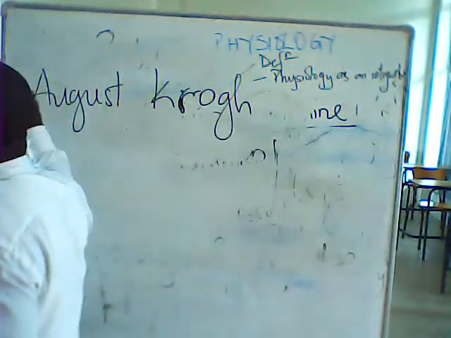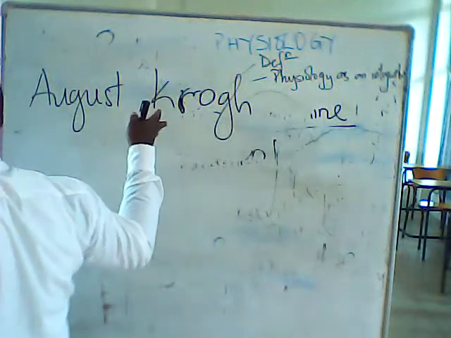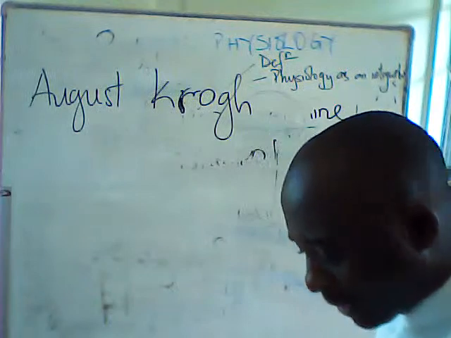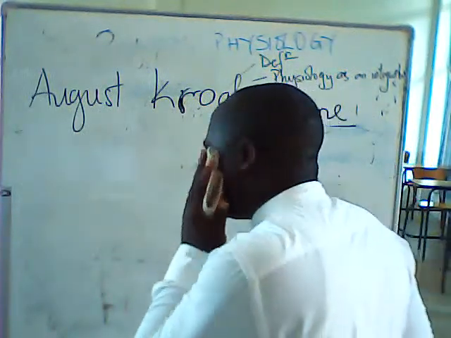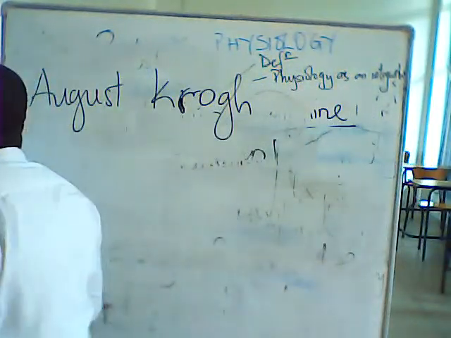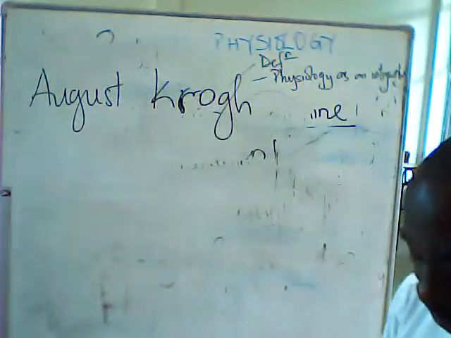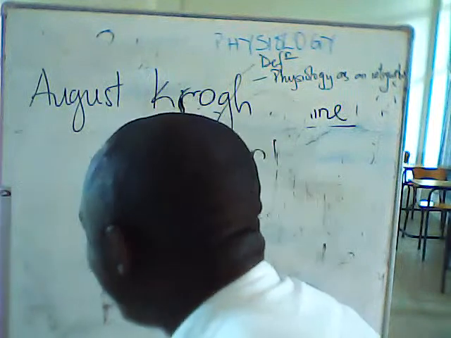So he won a Nobel Prize, I think in 1910, for describing how blood flow in capillaries is regulated. Okay? By some symptoms, it's an interesting concept. So he won a Nobel Prize in 1910 for what? Blood flow in capillaries is regulated.